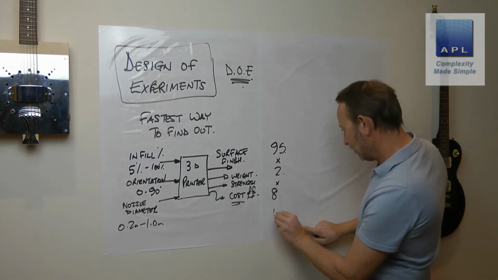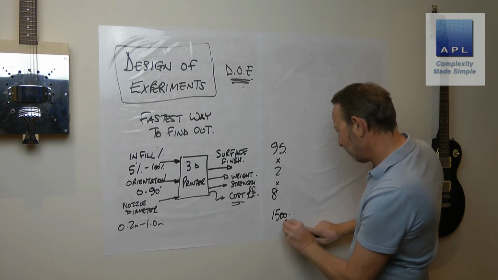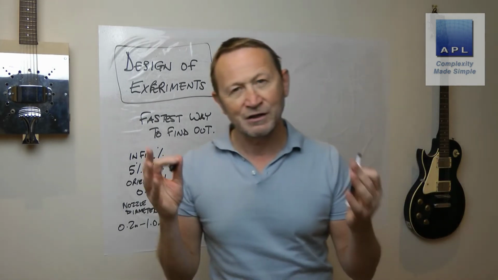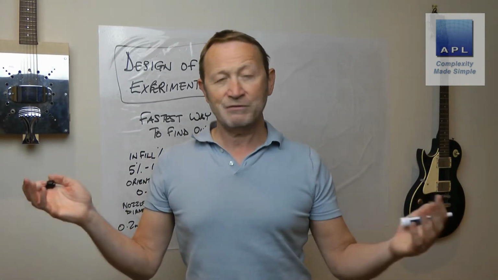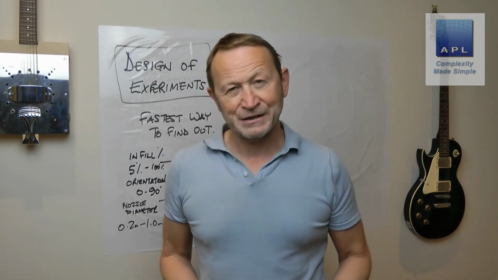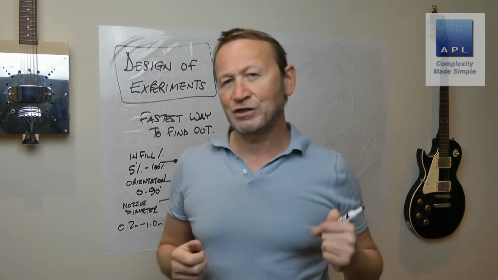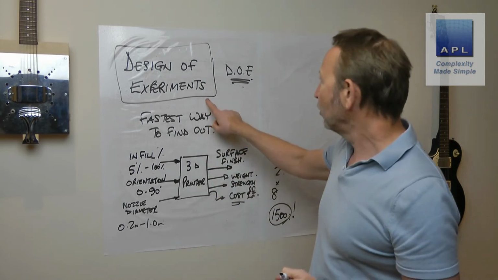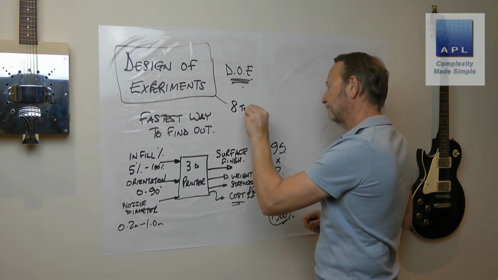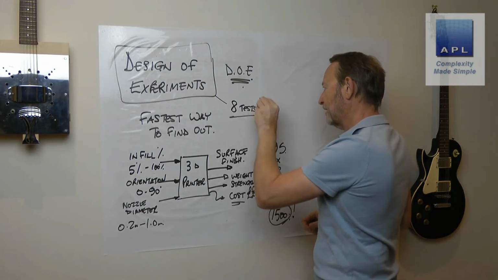If I multiply that up, it comes to approximately 1,500 different ways of setting the machine up. Now, how does he find the best settings? Does he test all 1,500? Does he guess? Does he try to use skill? Well, how about this? DOE says 8 tests.